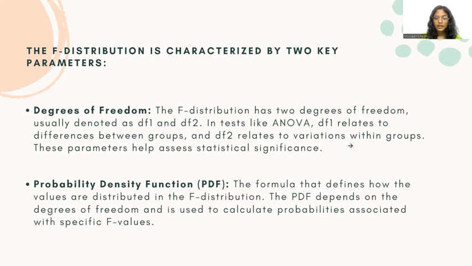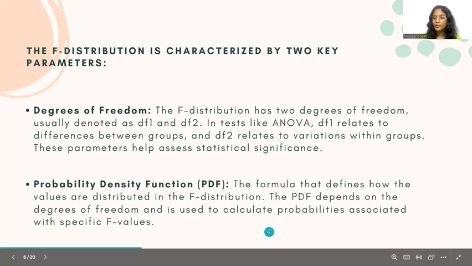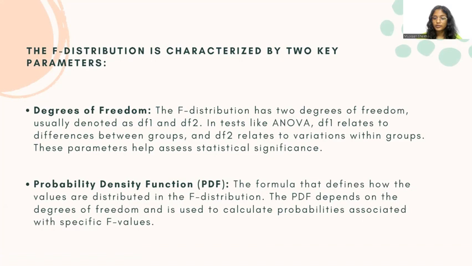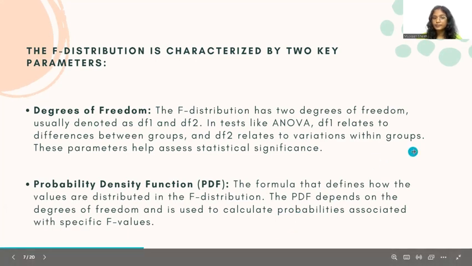These parameters help us assess statistical significance. Probability density function, on the other hand, is a formula that defines how the values are distributed in the F distribution. The PDF depends on the degree of freedom and is used to calculate probabilities associated with specific F values.